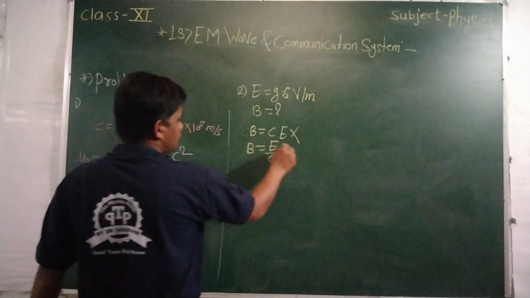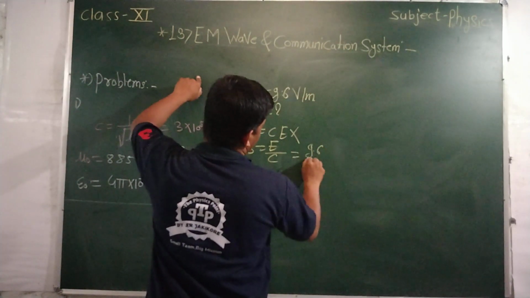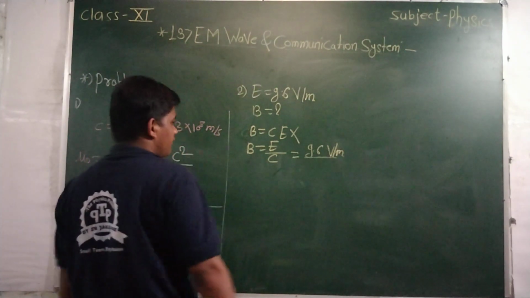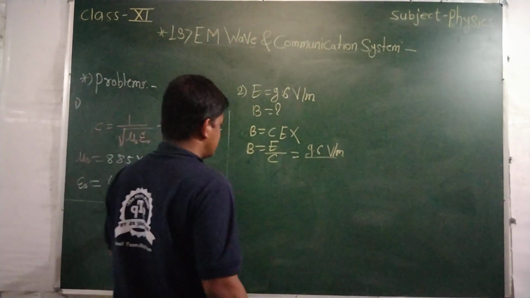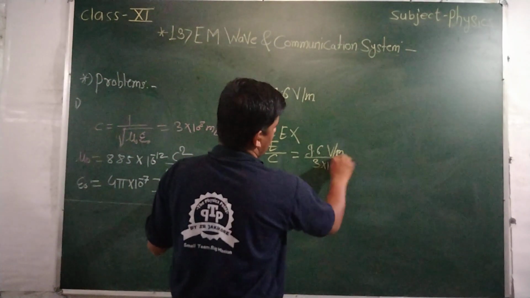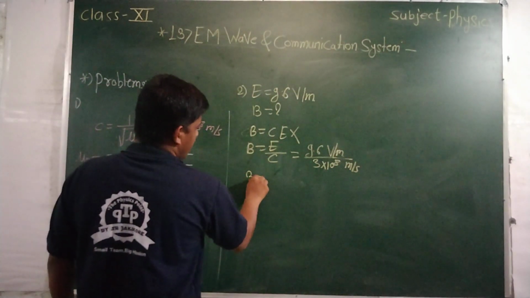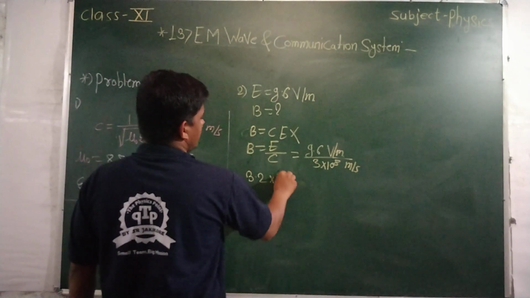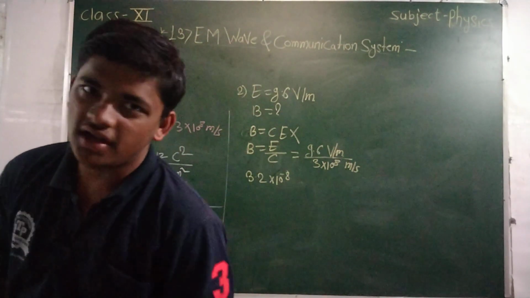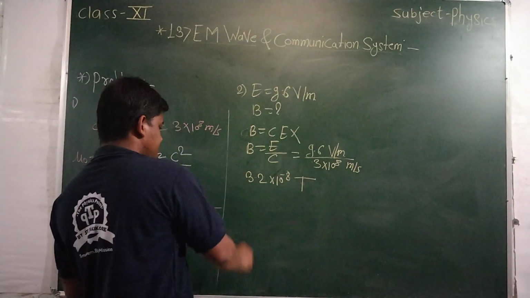Find B: 9.6 volt per meter divided by the speed of light, 3 into 10 raised to 8 meter per second. Then 3.2 into 10 raised to minus 8. It is the value of the magnetic field, and the SI unit of magnetic field is Tesla.